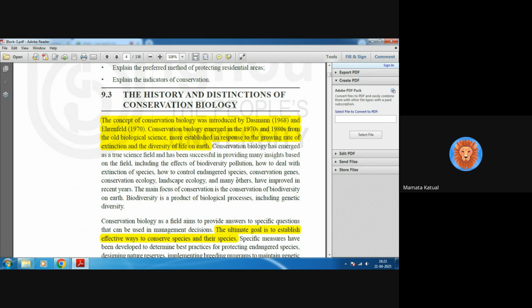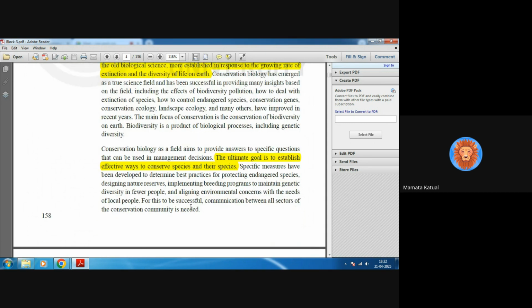Biological science is an old science, and when it was noticed during the 1970s that there was extinction of species and loss of biodiversity, a new branch of science was established, and we call it conservation biology.